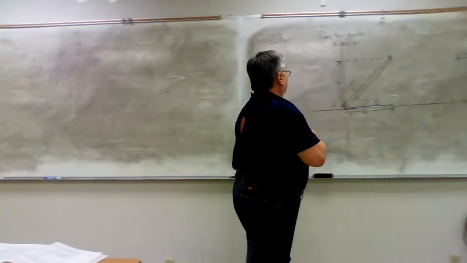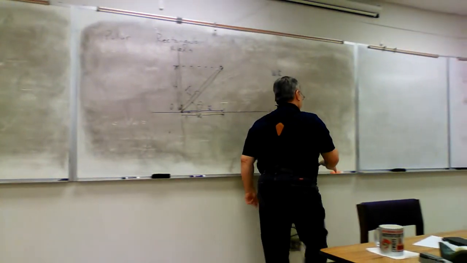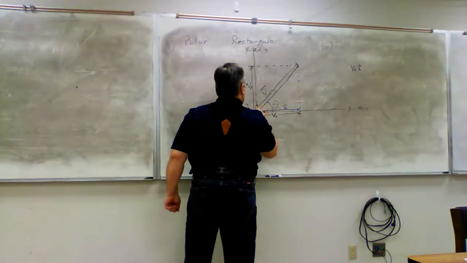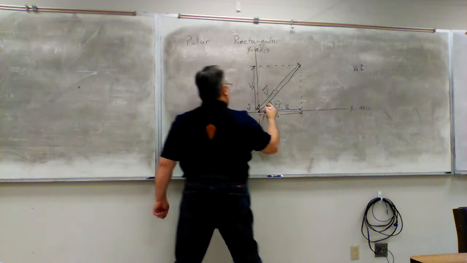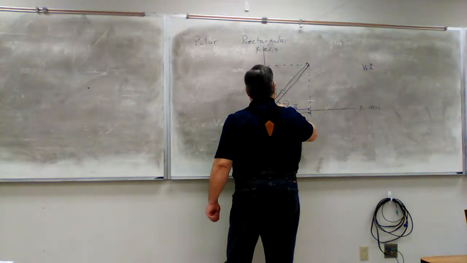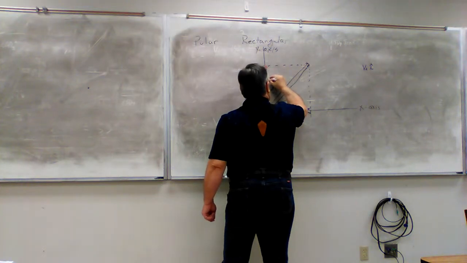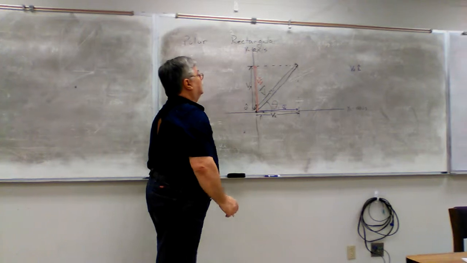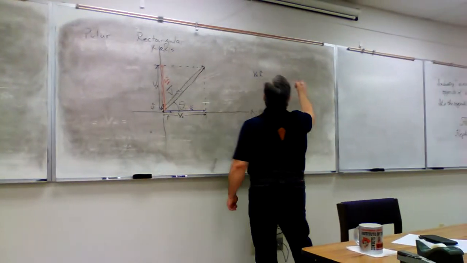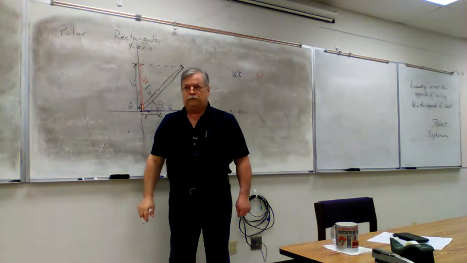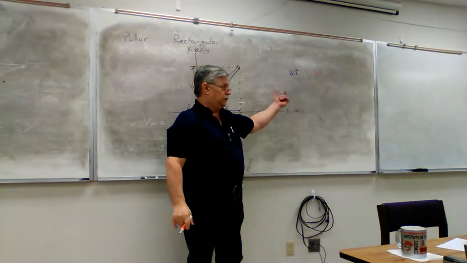We do the same thing in the vertical axis, where we multiply the unit vector j by V sub y, and in doing so create a vertical vector V sub y, the length V sub y scaling the unit vector j.